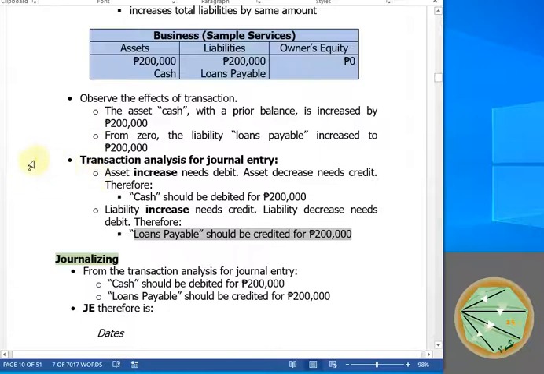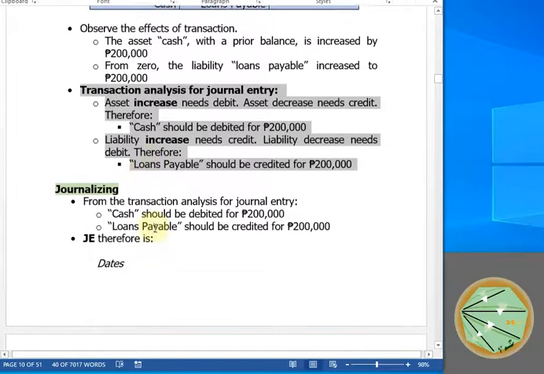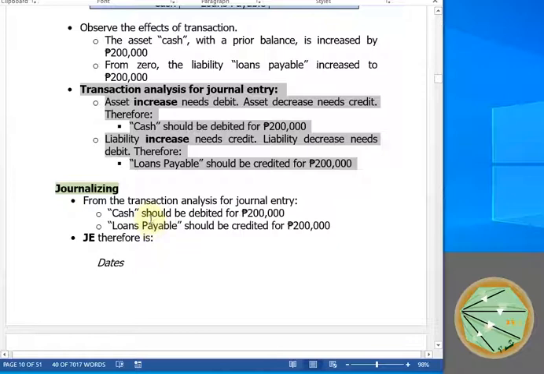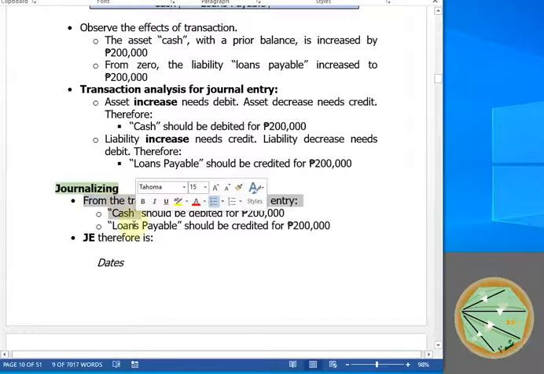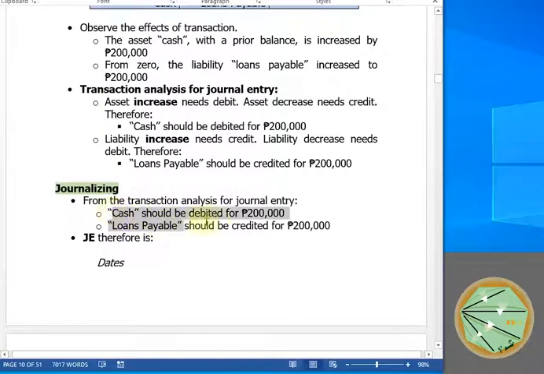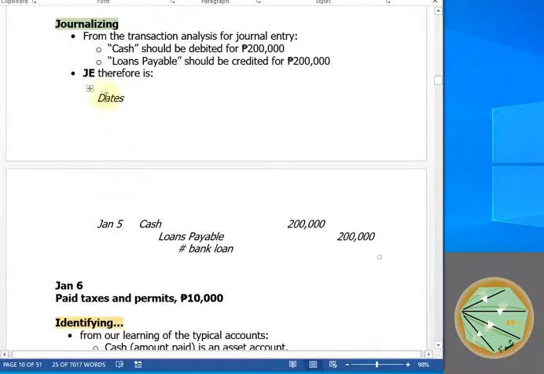So after the transaction analysis, now we can go to the journalizing part, the bookkeeping, the procedural part. From the transaction analysis, again, cash should be debited for 200, and loans payable should be credited for 200. After this, we may now construct the journal entry. As you can see, we simply do what we came up with in the transaction analysis.